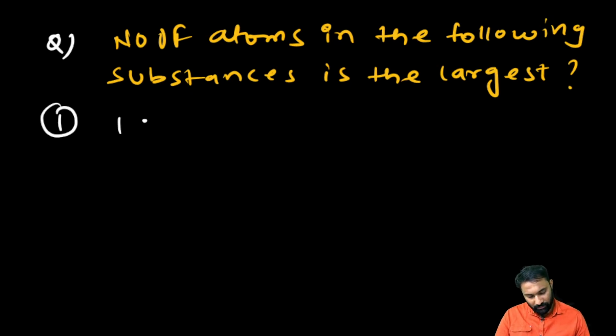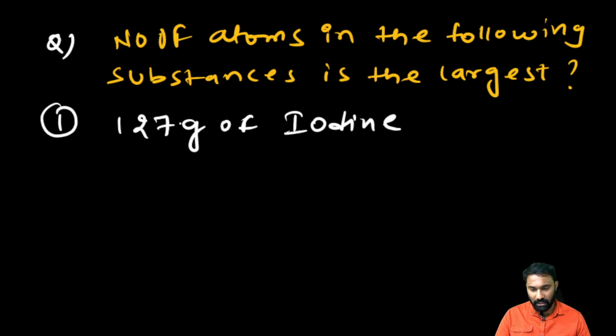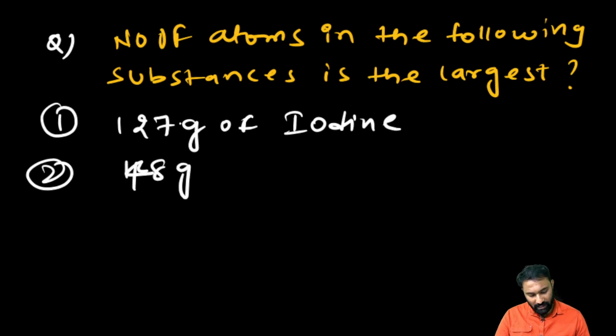First one, 127 gram of iodine. Right? Second, 48 gram of magnesium.